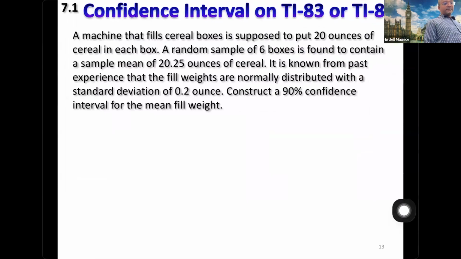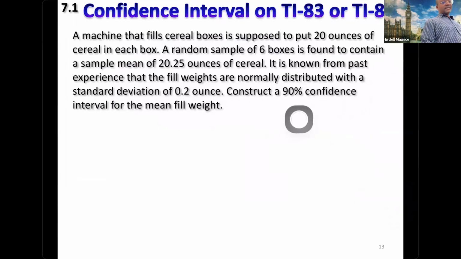All right, a full example. A machine that fills cereal boxes is supposed to put 20 ounces of cereal in each box. A random sample of 6 boxes is found to contain a sample mean of 20.25 ounces of cereal. It is known from past experience that the fill weights are normally distributed with a standard deviation of 0.2.